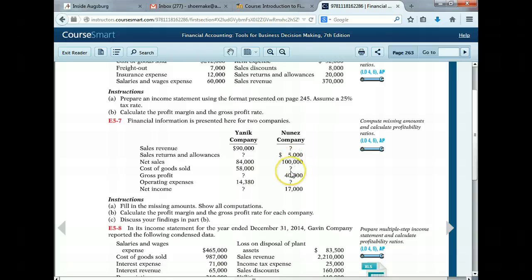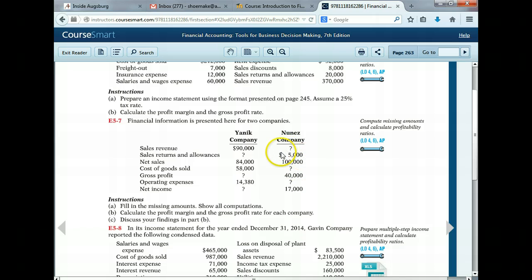We also know that if our net sales are at 100 and our gross profit is at 40, the cost of goods sold needs to be 60, because we're taking 100 minus 60 to get our gross profit. Does that make sense? Then, when we deal with net sales, they're telling us our net sales are at 100.